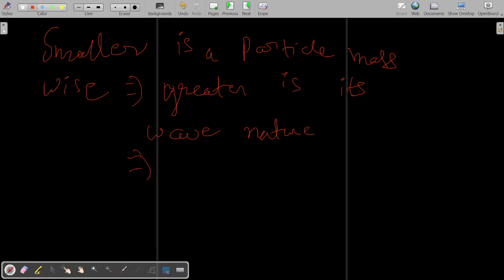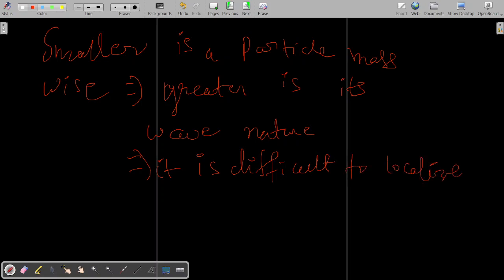That implies it is difficult to localize such a particle.